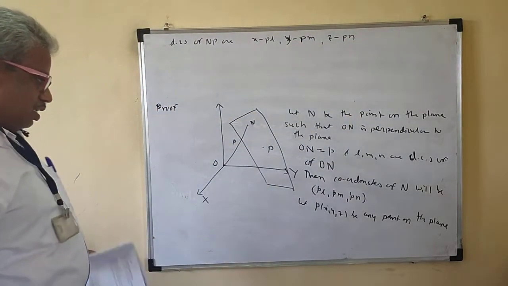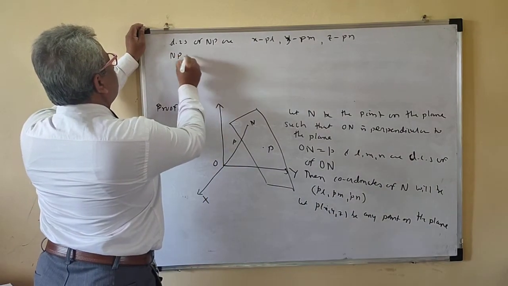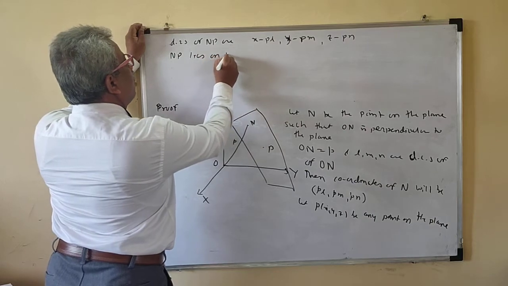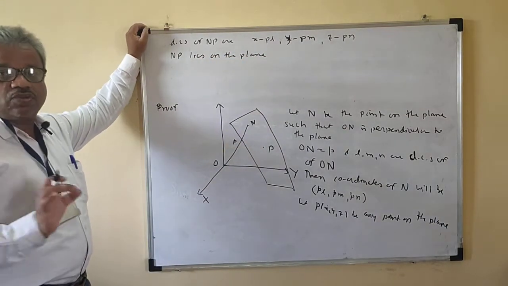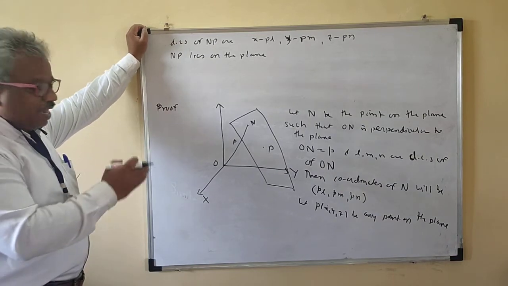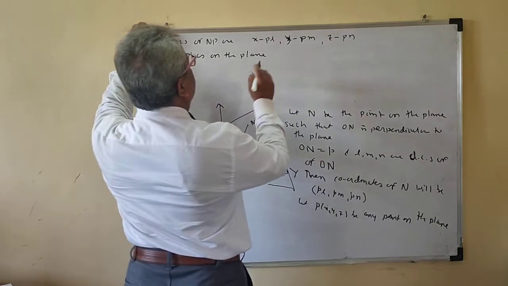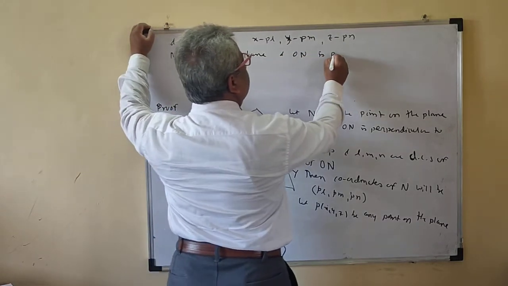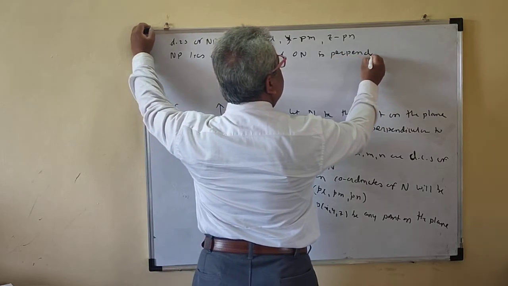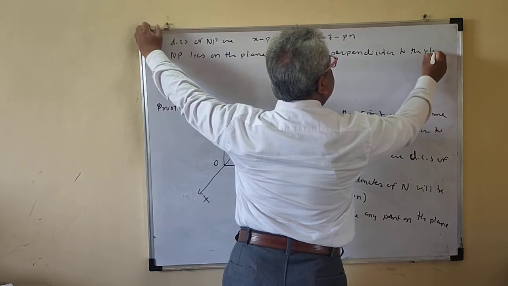Now NP lies on the plane, because N is a point on the plane and P is also a point on the plane.